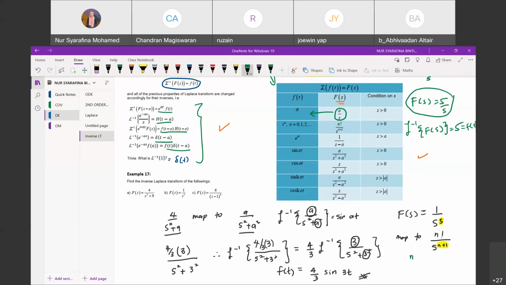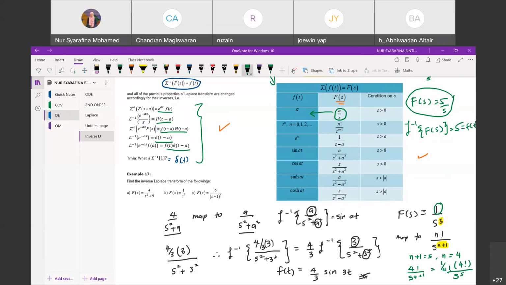So when n plus 1 is 5, then n equals 4. So this should be 4 factorial over s^(4+1). But we have 1 here. We want to remain the value of 1. So you can write this as 1 over 4 factorial times 4 factorial over s to the power of 5.